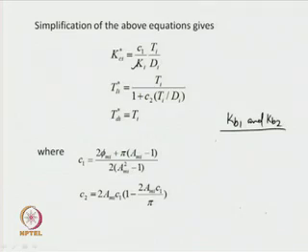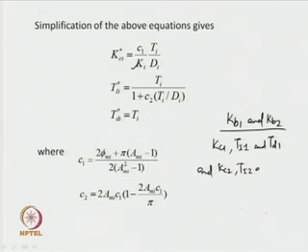Similarly, we have the feed forward path PID controllers with parameters KC1, TI1 and TD1 for the first loop and Kc2, Ti2 and Td2 as the parameters of the PID controller for the second loop.